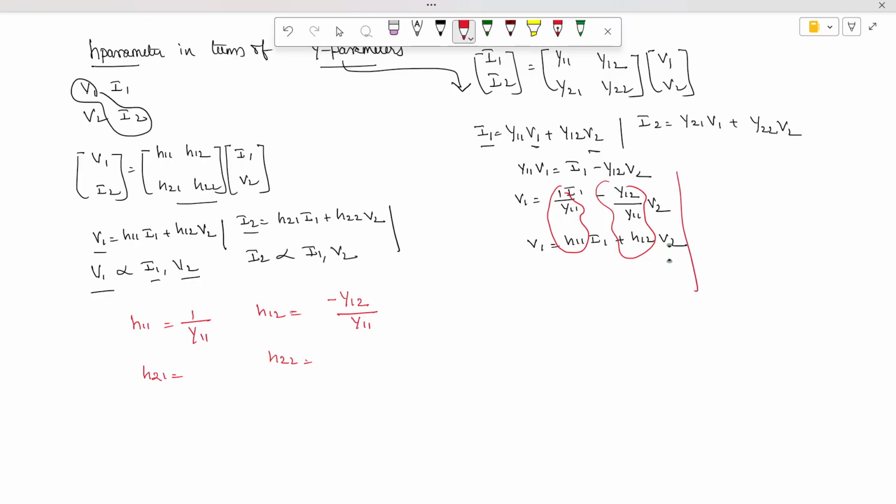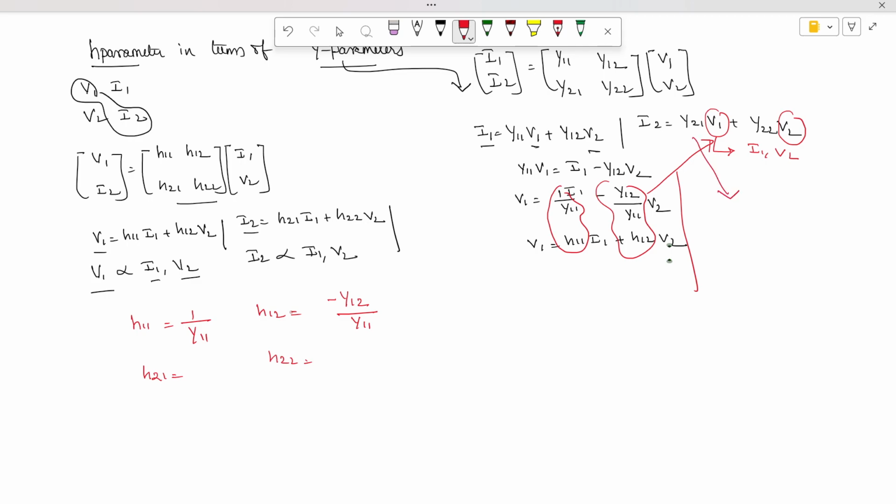Now I require I2 in terms of I1 and V2. So V2 is already there, but here V1 is there, which is creating a problem. We want to express V1 in terms of I1 and V2. Already you can see this expression for V1 is very clear. Substitute the value of V1 here.